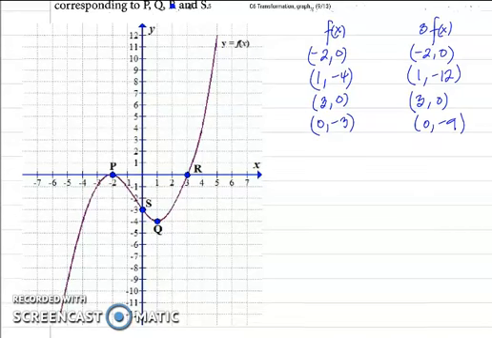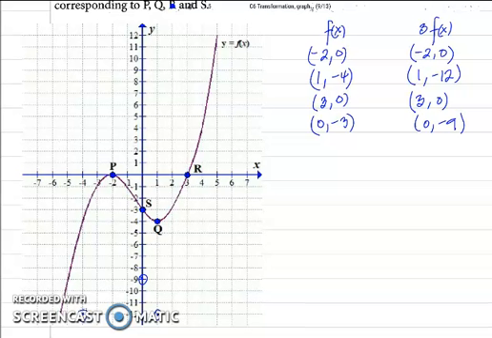So this point here is going to remain the same. (1, -4) is going to become (1, -12), so this point is going to move here. That point remains the same. This point comes here. This point comes here. This point remains the same. And no other points.